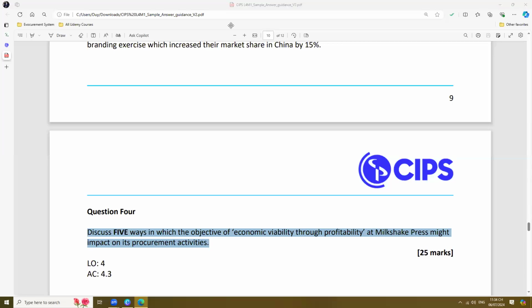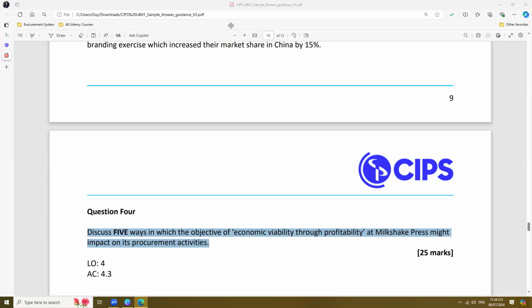Yeah, Jennifer, economic viability. In the previous syllabus, they used the words getting profit. But for the new syllabus, they use the words economic viability. It simply means the business should be profitable to stay afloat.